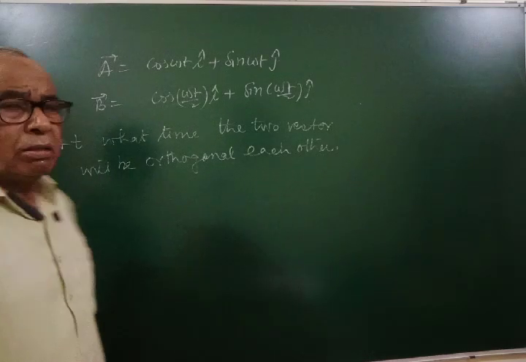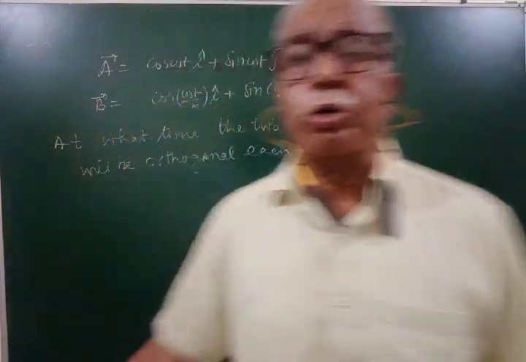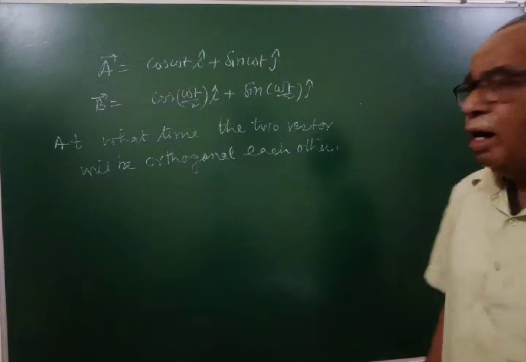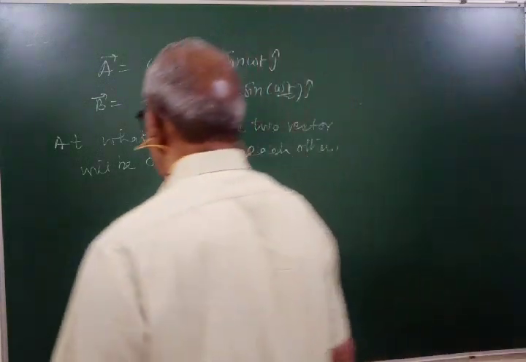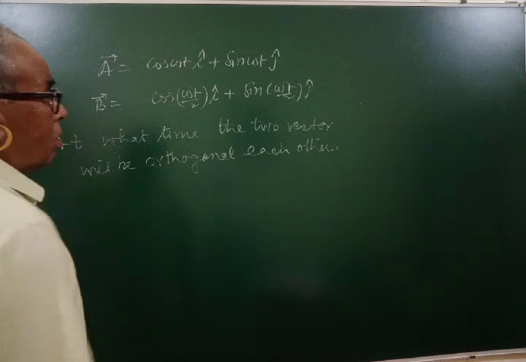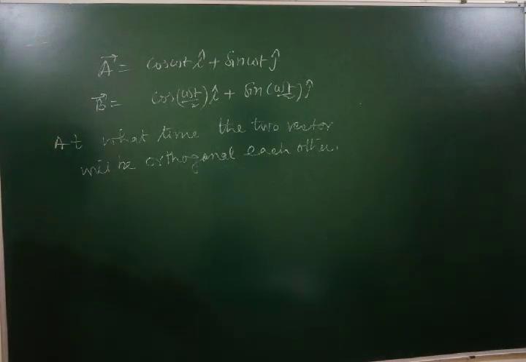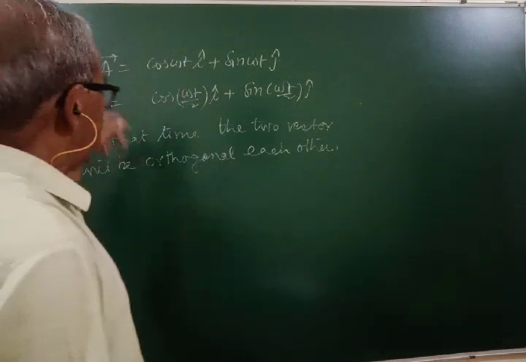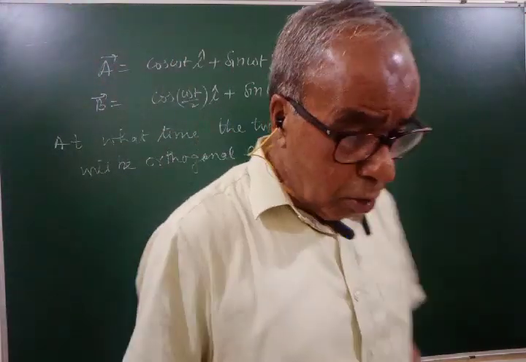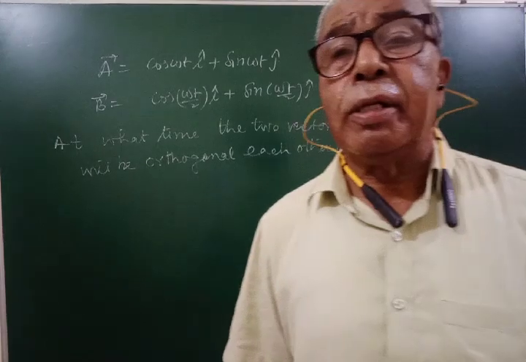While telling types of vectors, I told you orthogonal vectors are those which are perpendicular to each other. So how to establish that relation? At what time t will vectors A and B be orthogonal, meaning perpendicular to each other?